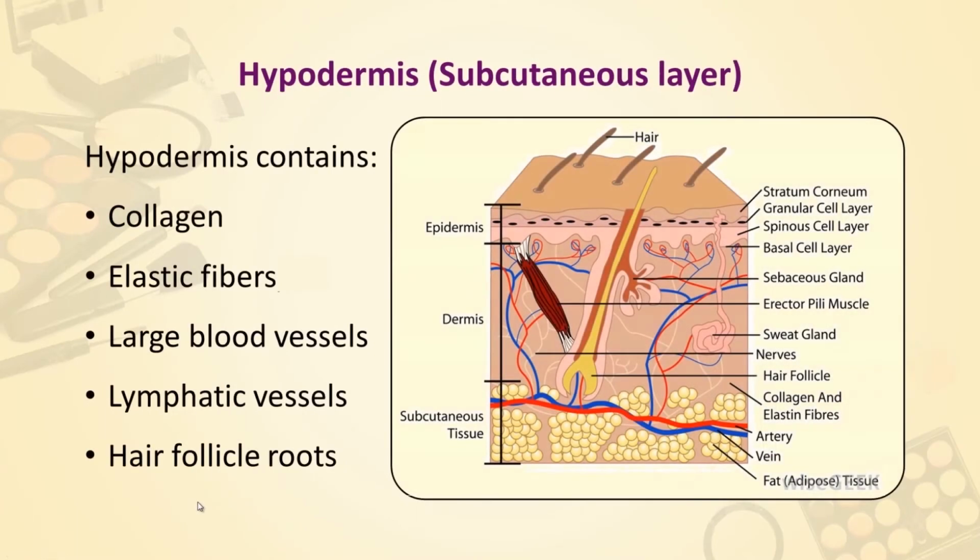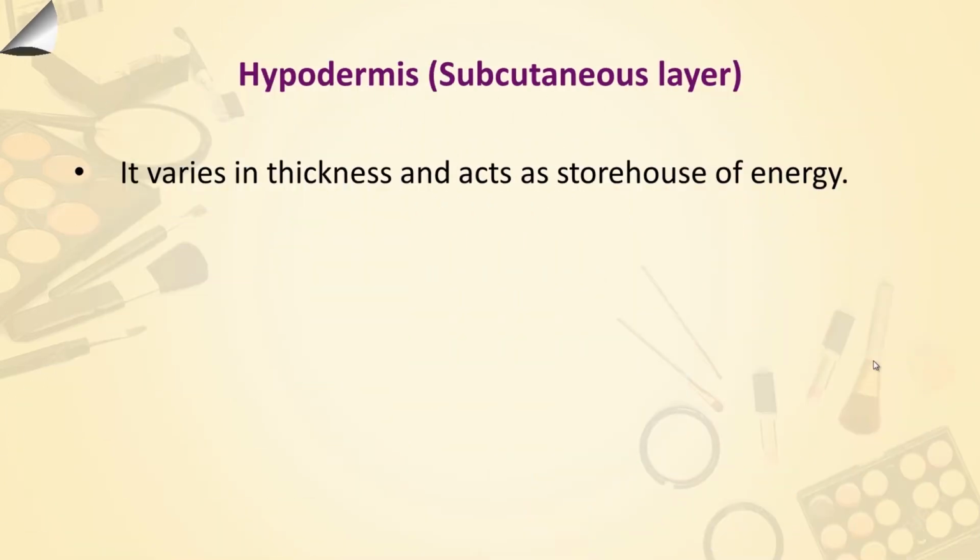And the third layer of skin is the hypodermis. The hypodermis is the lowermost fatty layer of the skin that develops the lipocytes as lobules. It contains collagen, elastic fibers, large blood vessels, lymphatic vessels as well as hair follicle roots.